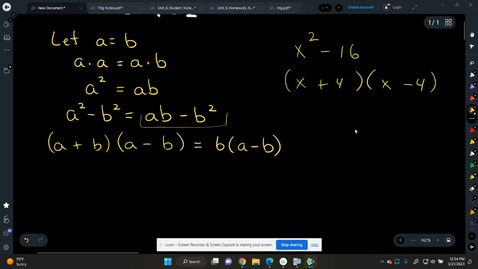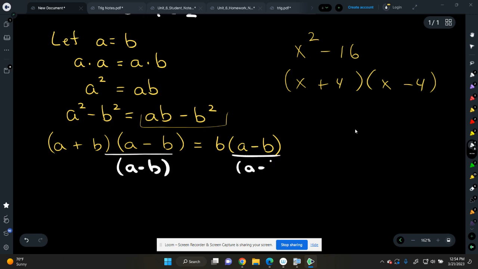So now I'm going to divide by A minus B. What do you think is going to happen when I divide by A minus B? What cancels? A minus B cancels. So we have A plus B equals B.